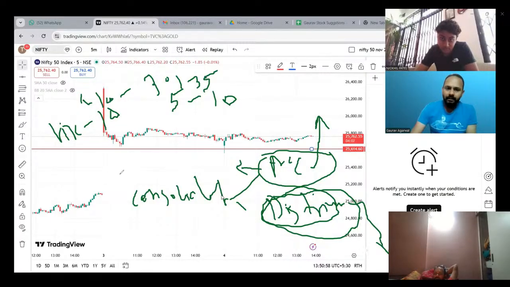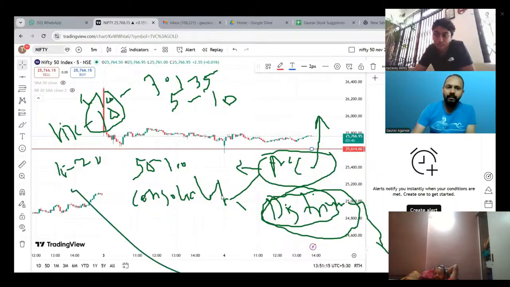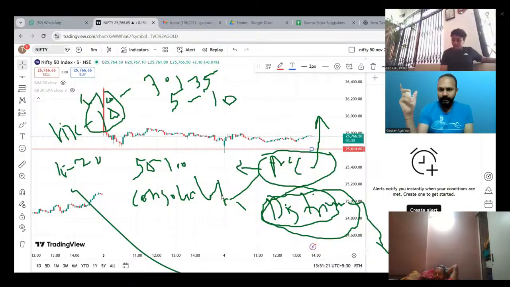That means the stock may move up and down very fast, maybe 50 to 100 points within 2 or 3 minutes. But if the VIX is low, the stock moves only 10 to 20 points within 5 or 10 minutes. So that is the meaning of volatility: the movement of time and price.